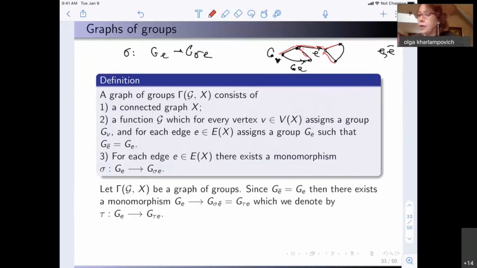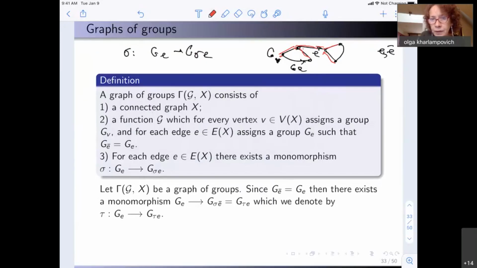Now we select a maximal subtree arbitrarily. And then what we do: this is a segment. We take the amalgamated product of the corresponding vertex groups over the corresponding edge group.